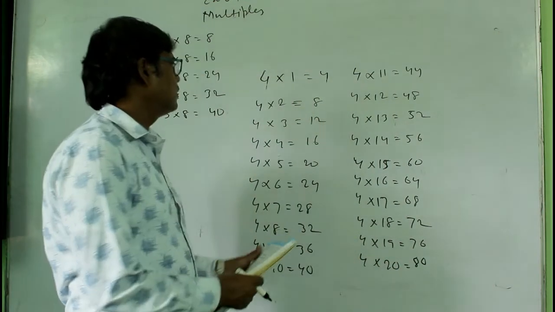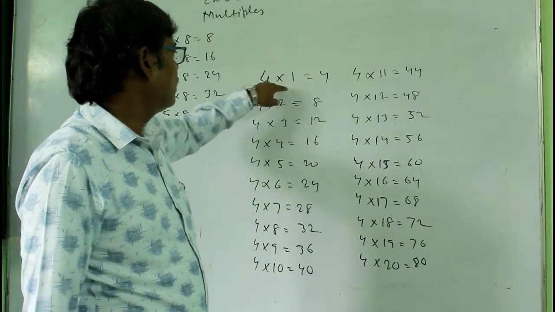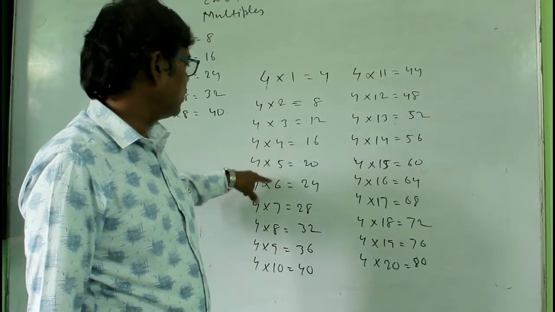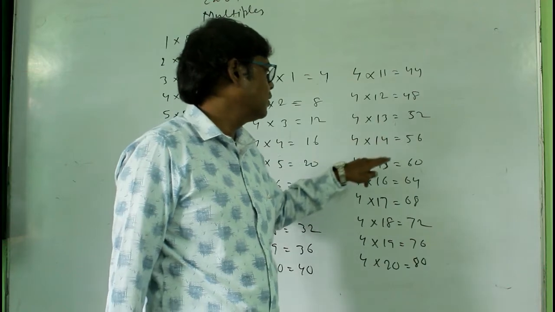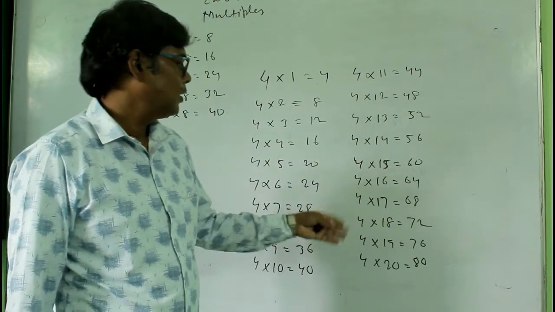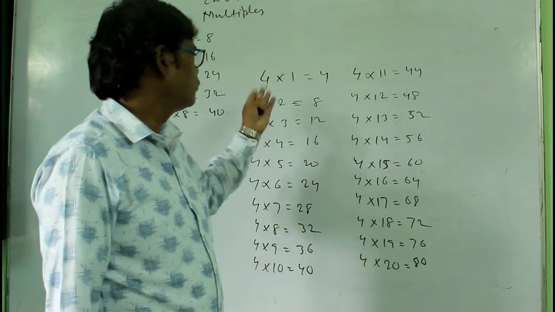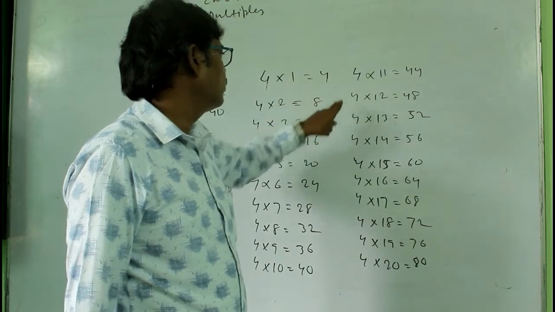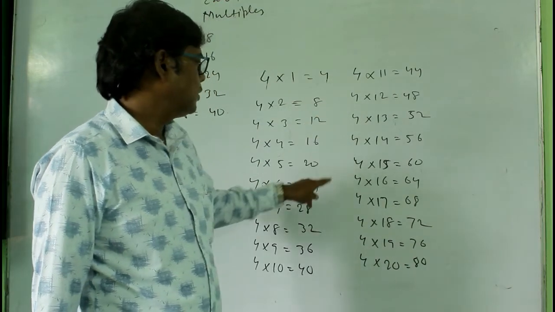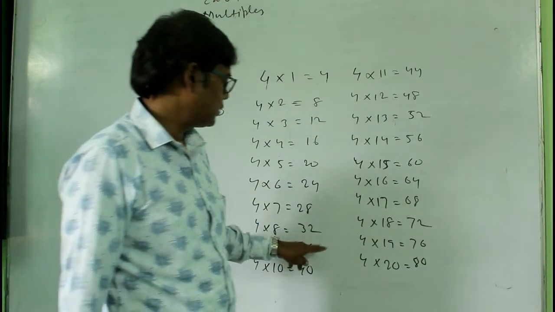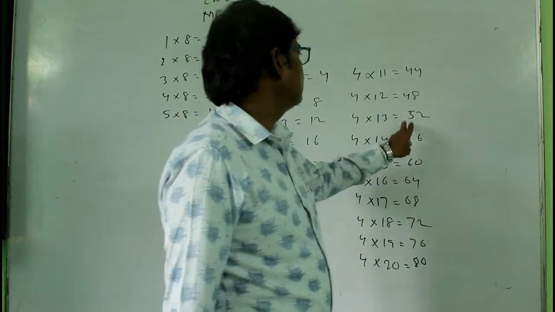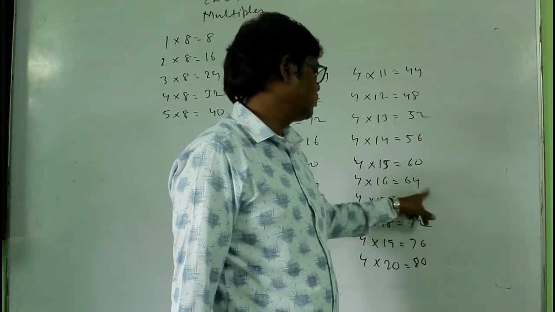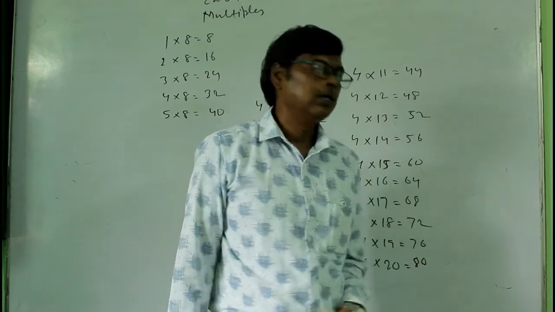Now see here that when you multiply 1, 2, 3, up to 20 into 4, you are getting 4, 8, 12, 16, 20, 24, 28, 32, 36, 40, 44, 48, 52, 56, 60, 64, 68, 72, 76, 80.